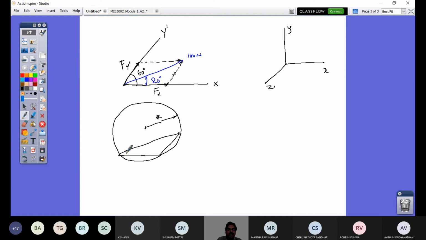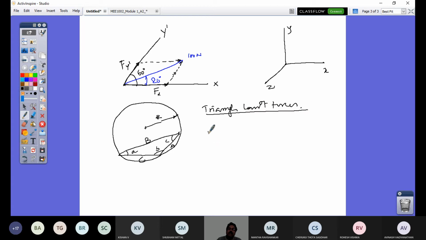If I have these angles, say this angle is A, this angle is B, this angle is C, and these are the opposite sides, say this is capital A, this is capital B, this is capital C, then what does my triangle law of forces say?